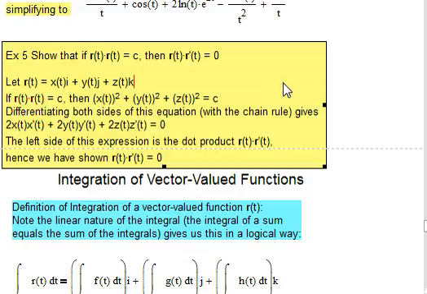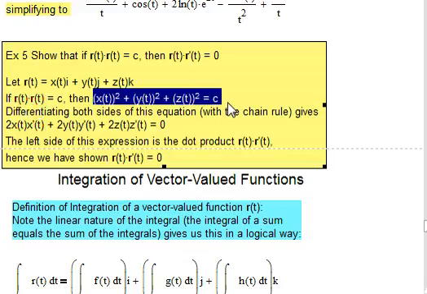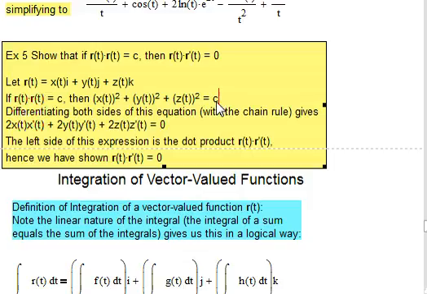So if we differentiate both sides of this equation, the right side, of course, comes out zero. The derivative of c is zero. The left side is twice x(t), times the derivative of the inside part from the chain rule, which is x prime of t.